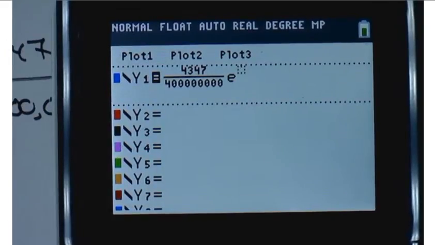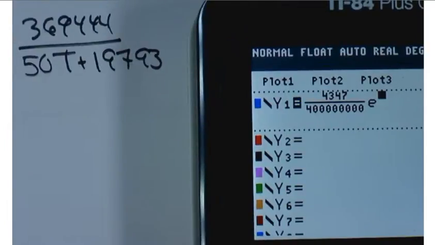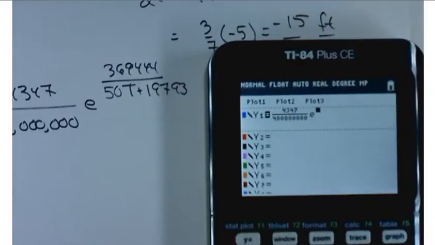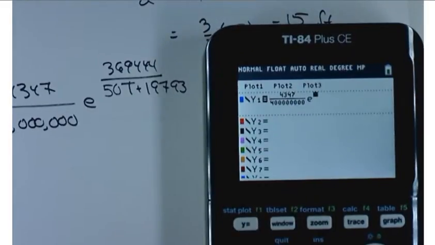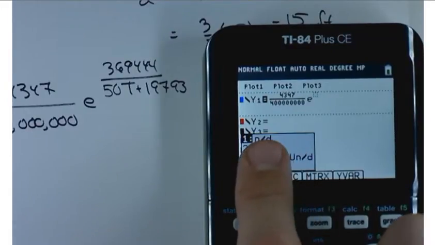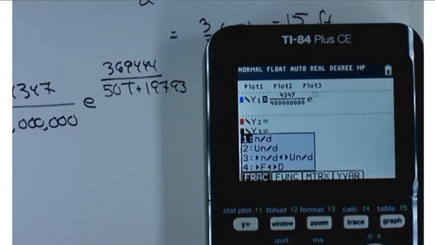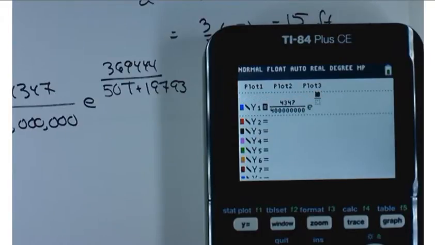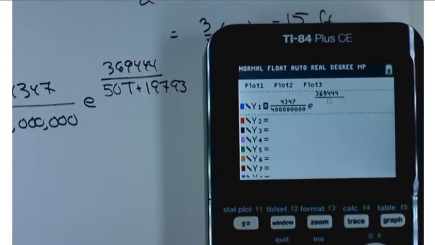Next, I want e to some power. And again, it's probably nice if I use that fraction trick again. So hit the alpha key, then the y equals key. Again, let's select number 1. Just press enter and type in 369,444 in the numerator.